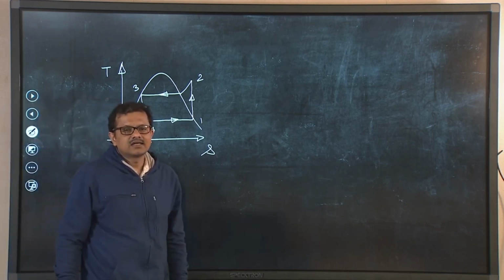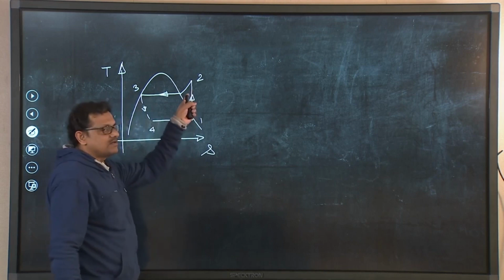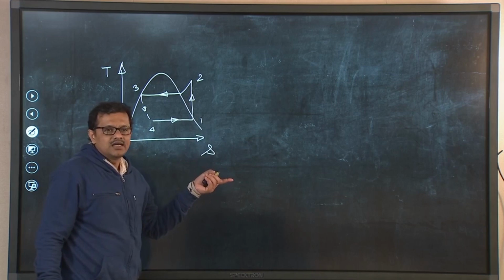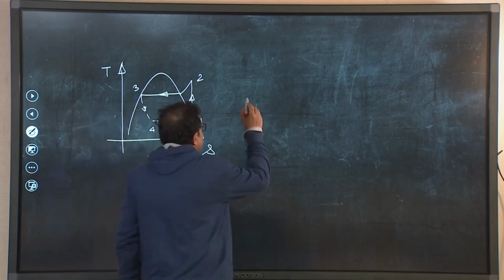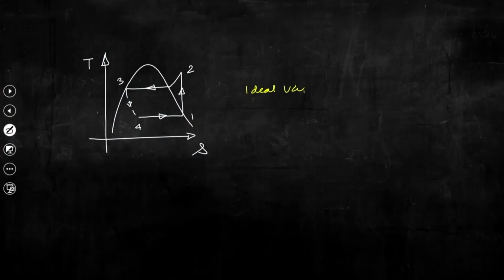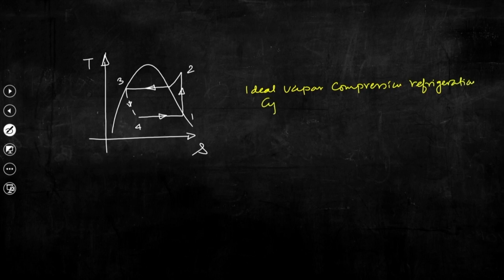As we had seen, in the Carnot cycle, again this reversible adiabatic process will remain reversible adiabatic, but instead of a dry compression that we can see, because this is the ideal vapor compression refrigeration cycle, this 1 to 2 is basically reversible adiabatic compression.